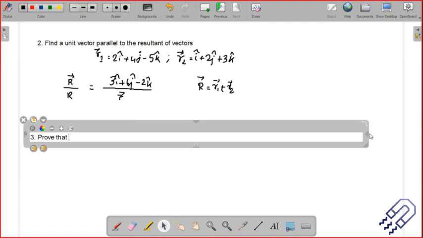Prove that vectors 2i plus j minus 3k, i minus 4k, and 4i plus 3j minus k are linearly dependent. So you have to prove that these three are actually linearly dependent.